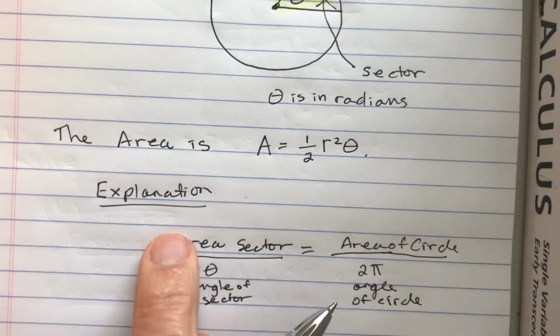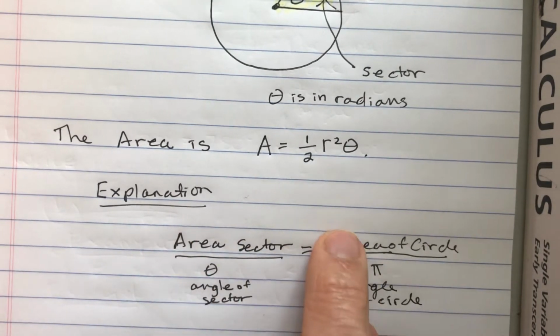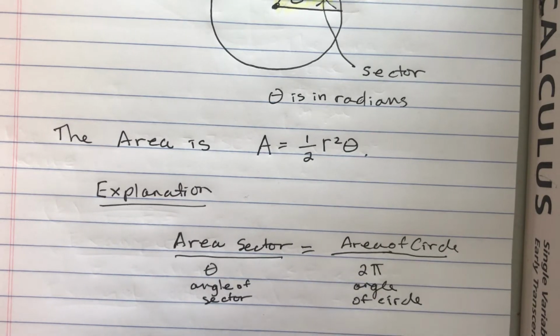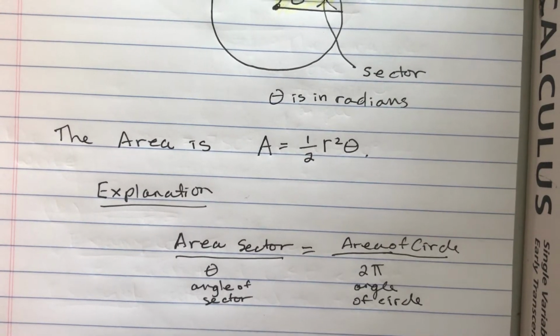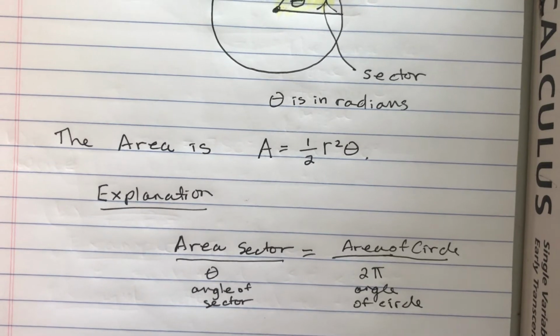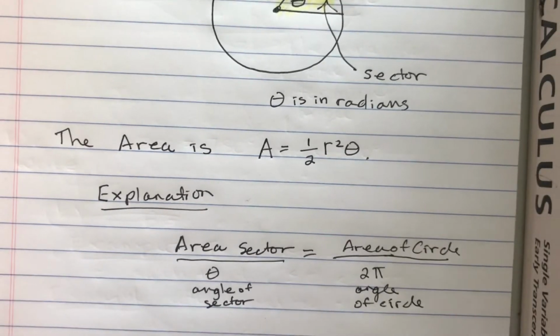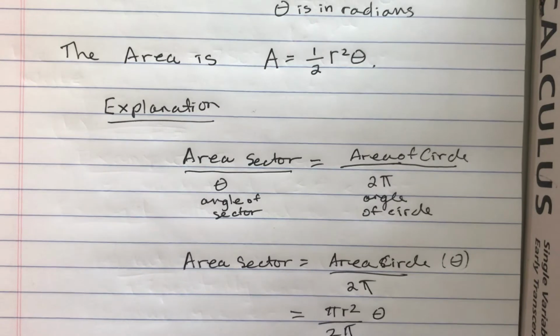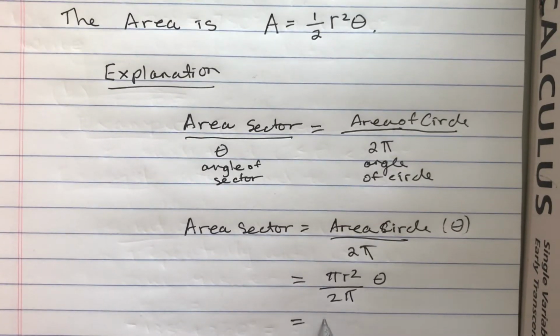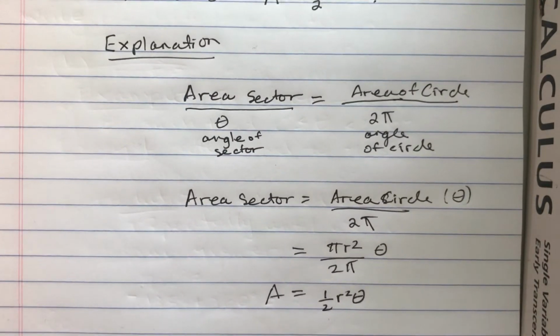The area of the sector to theta should equal the area of the circle to 2 pi. And so therefore, if I multiply this, I should have the area of the sector is equal to the area of a circle divided by 2 pi times theta. But we have a formula for the area of a circle, that's pi r squared. And then we cancel out and get what we thought we would have. So that's a way you can explain that.